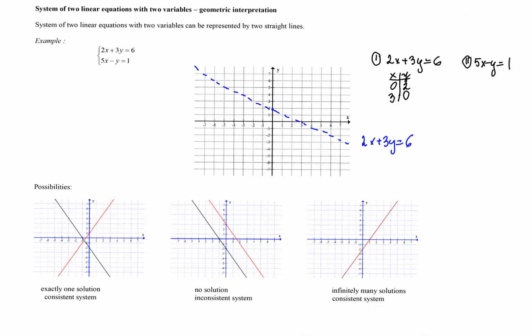The second line can be graphed by using the slope and y-intercept, because that line can be expressed in the form y equals 5x minus 1.